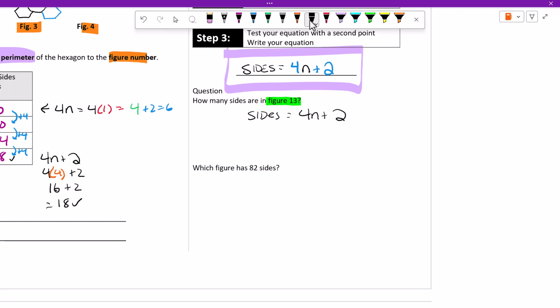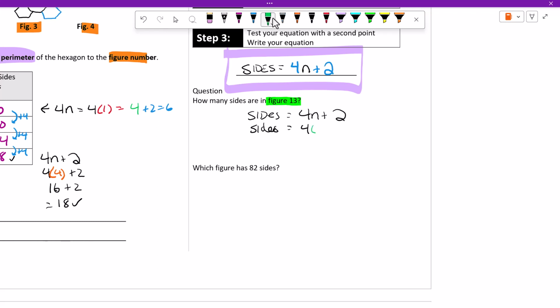And we want to figure out how many sides the 13th figure has. We need to plug 13 into this equation. We've only got two spots where we can go. Does the 13 go in for the sides, or does it go in for n? N. N stands for figure, right? So where we see n, we're going to replace it with the number 13. And remember, when we substitute, we do it with brackets.